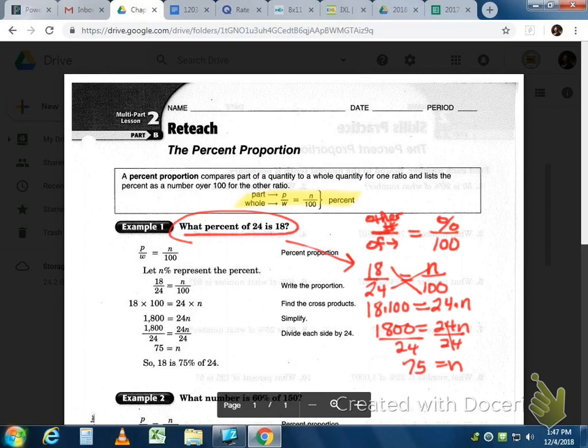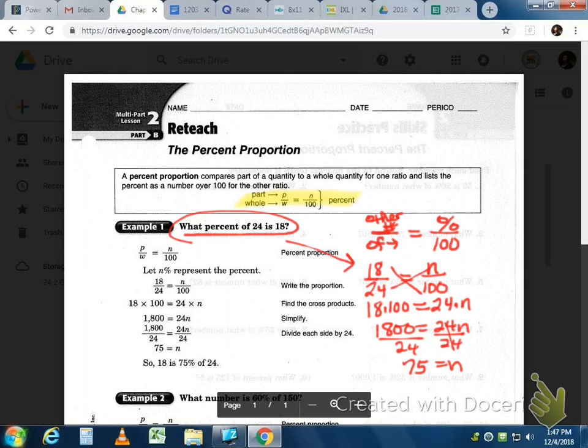Now here's where you have to think a little bit. Some of the questions are going to ask you to find the percentage, so you must answer as a percentage. Some of the problems already have the percentage there, so your answer will not have a percent sign.